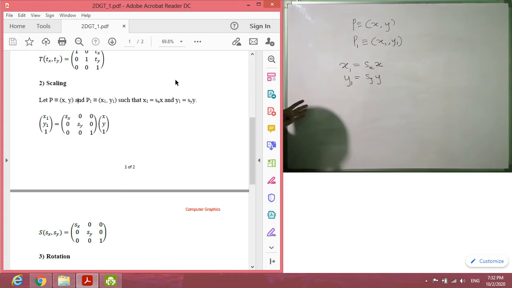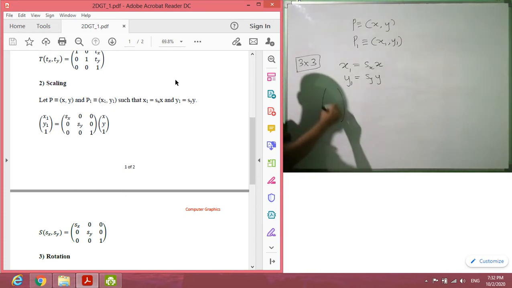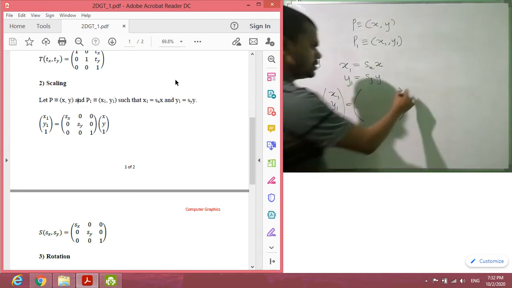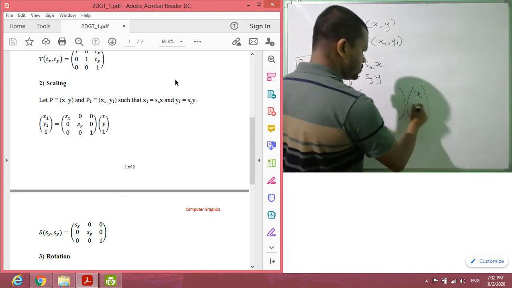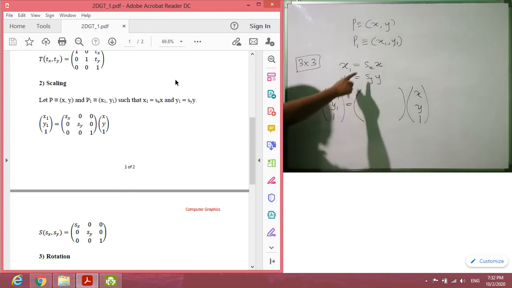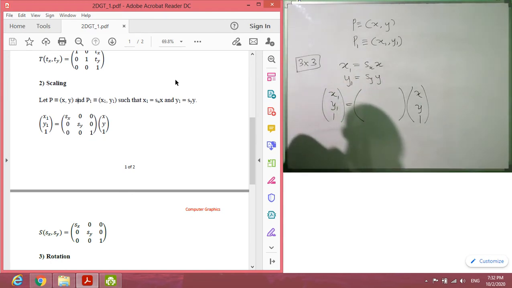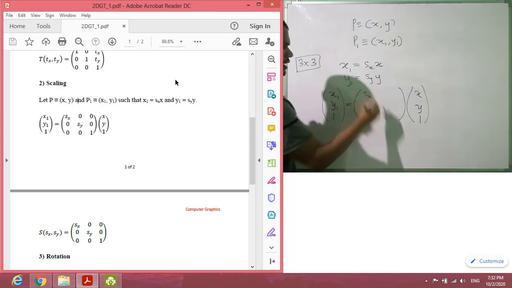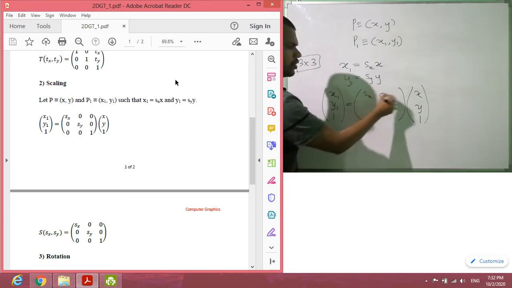Now as in the earlier situation, we need a 3 by 3 matrix. So here we have x1, y1, 1, and here we have x, y, 1. Now in order to get sx into x, here we have sx, 0, 0.